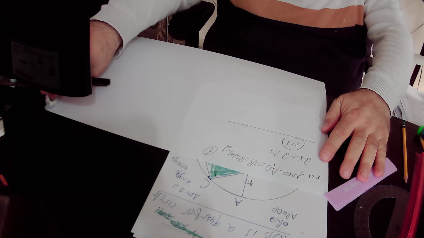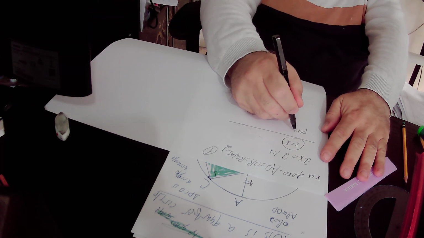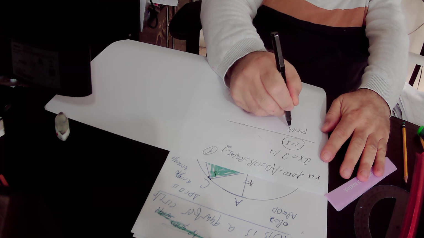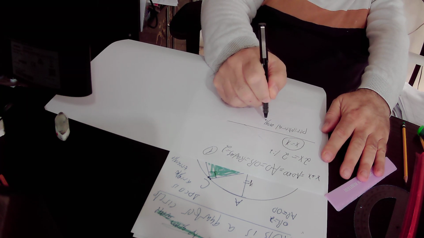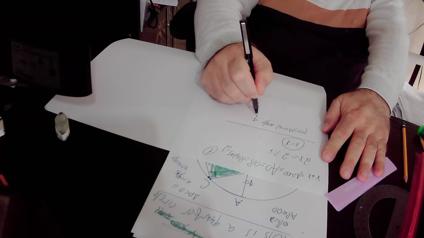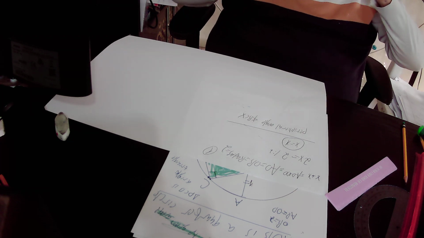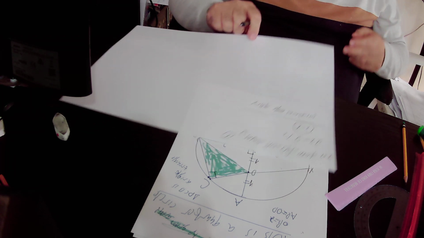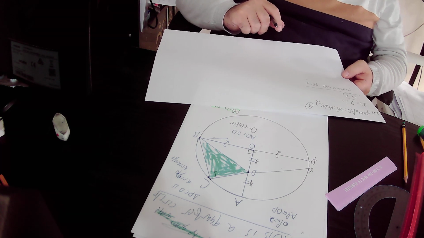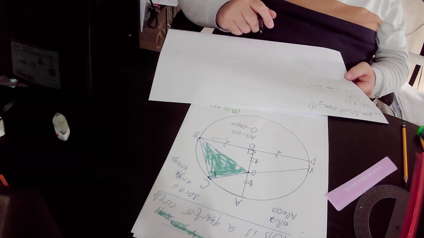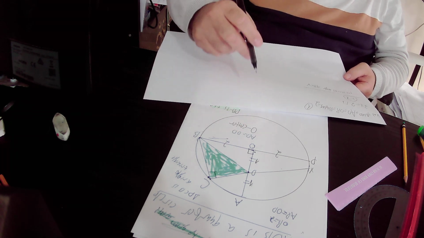According to our construction, we created peripheral angle BCX, but according to what is given in the question, the size of peripheral angle BCX that we created is equal to 90 degrees.